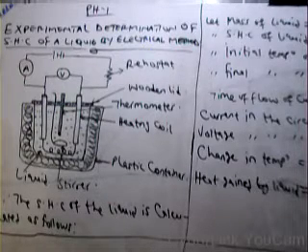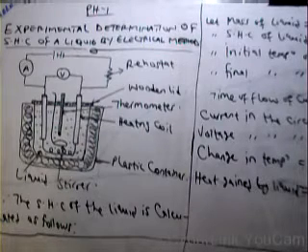So one of the ways in which you can determine the specific heat capacity or heat capacity of any substance is through experimental methods.